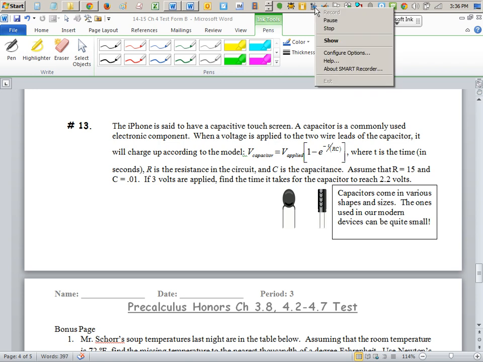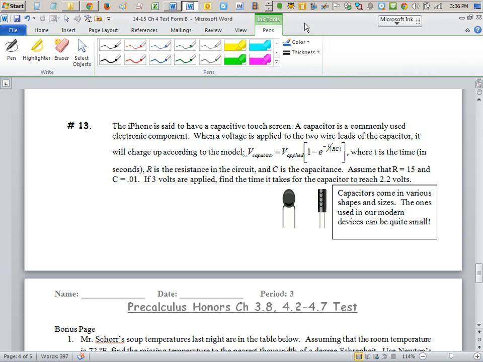Okay, the next example is talking about an iPhone, and it said that the iPhone has a capacitive touchscreen. A capacitor is a commonly used electronic component. I showed some pictures of capacitors. You've probably seen them before. When a voltage is applied to the 2 wire leads of the capacitor, it will charge up according to the model. The voltage in the capacitor is the voltage applied times 1 minus e to the negative t over RC, where t is the time in seconds, R is resistance in the circuit, C is the capacitance.